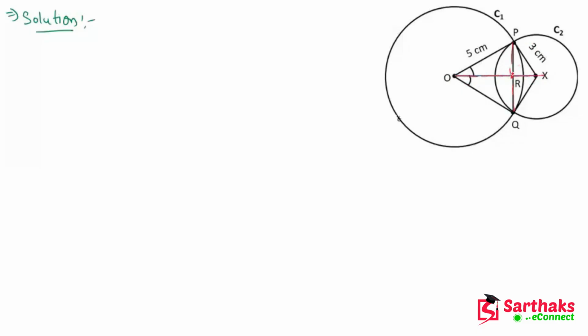So we can write: let the point where OX intersects PQ be point R.